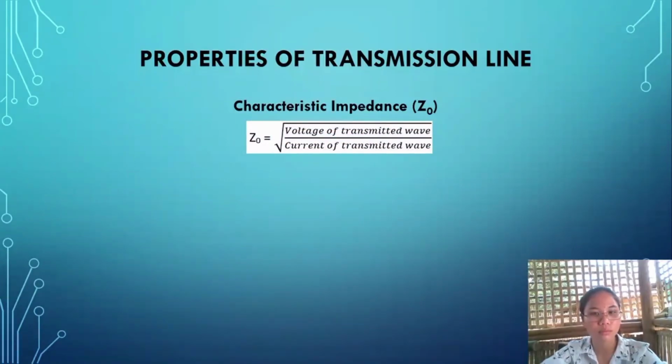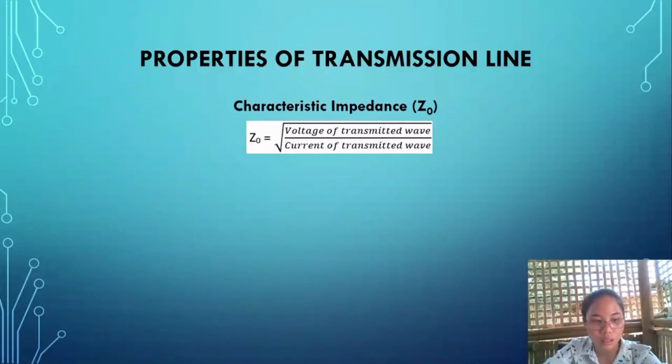Suppose an electrical wave is traveling from one end to another through a uniform as well as a lossless transmission line. Then the ratio of voltage corresponding to the transmission line and the equivalent current flowing through it is known as characteristic impedance. It is to be noted here that no reflection of the transmitted wave will take place.